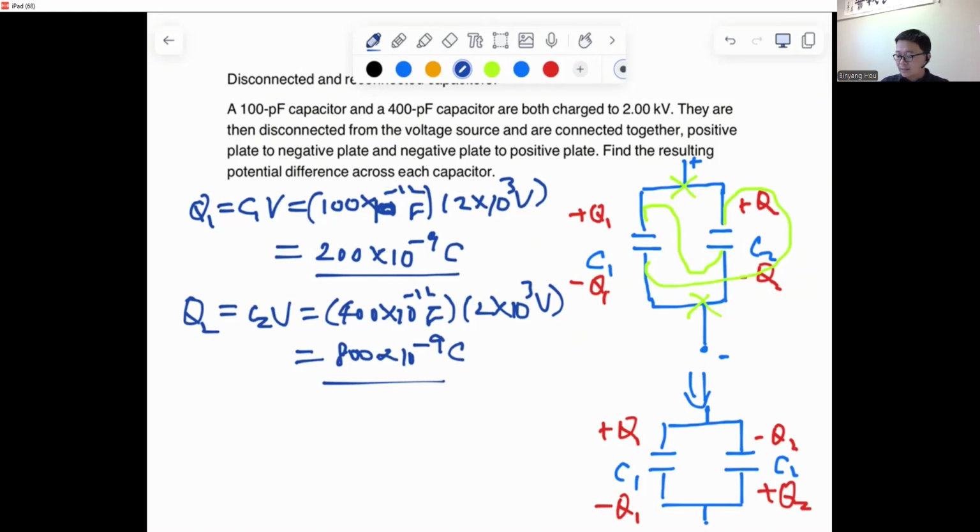So then at the end, when these two, positive Q1 and negative Q2, combine, you will get minus of Q2 minus Q1. And on the other end, you'll get positive of Q2 minus Q1 there.